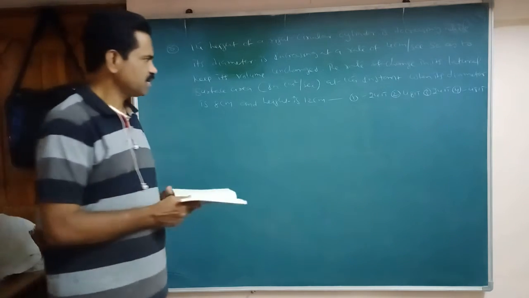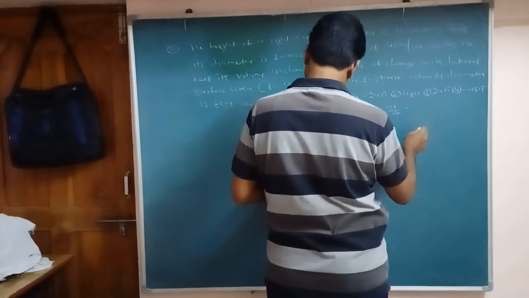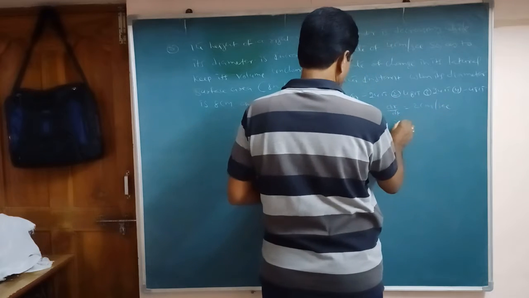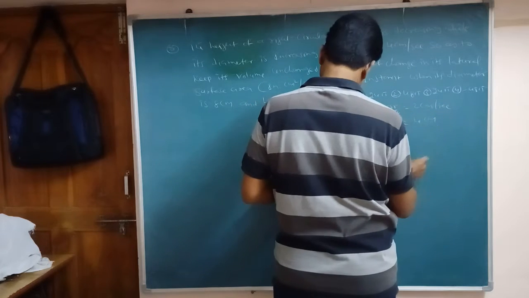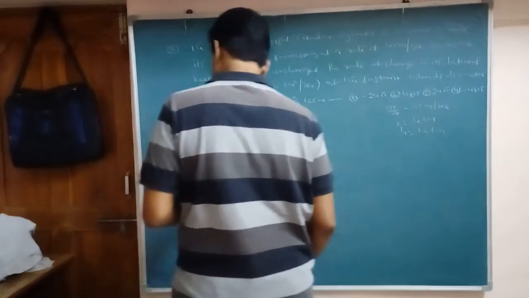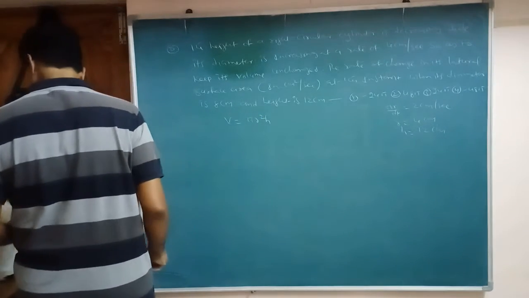So what is given here? dr by dt equal to 2 centimeters per second, and r equal to 4 centimeters, h equal to 12 centimeters. So here volume is pi r square h.